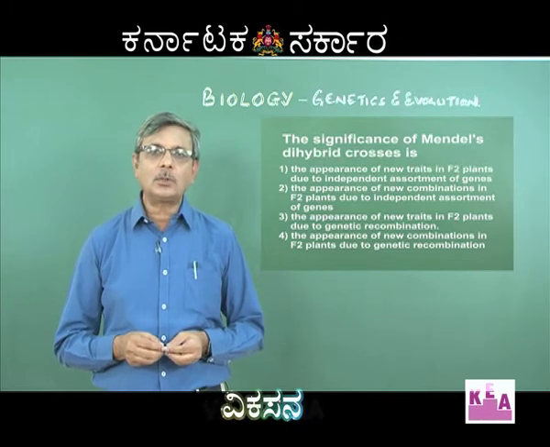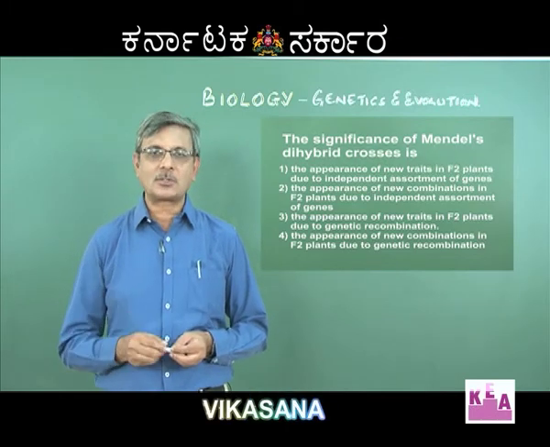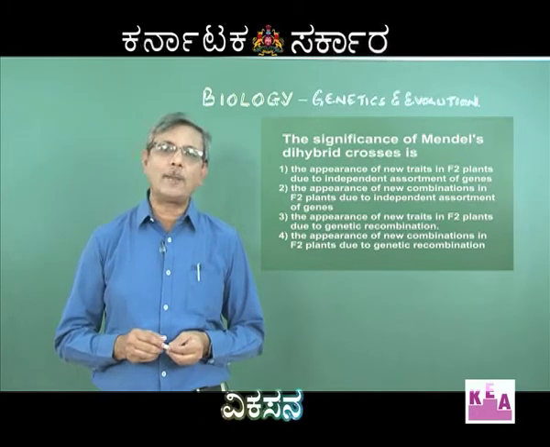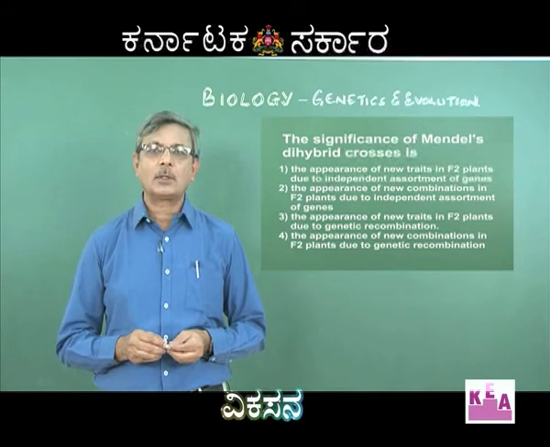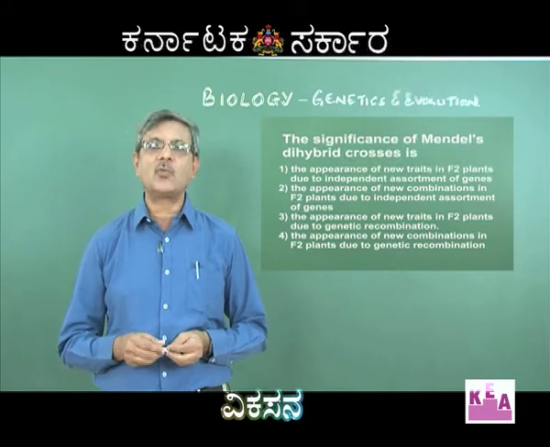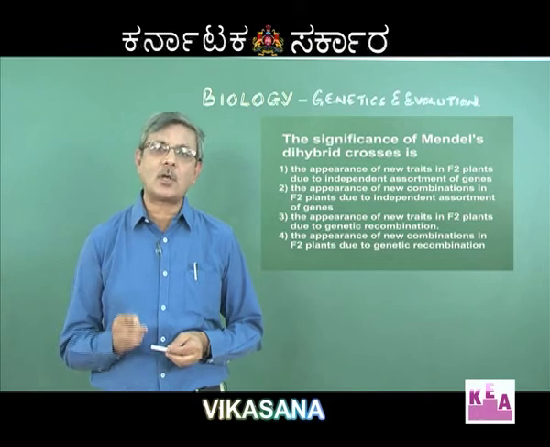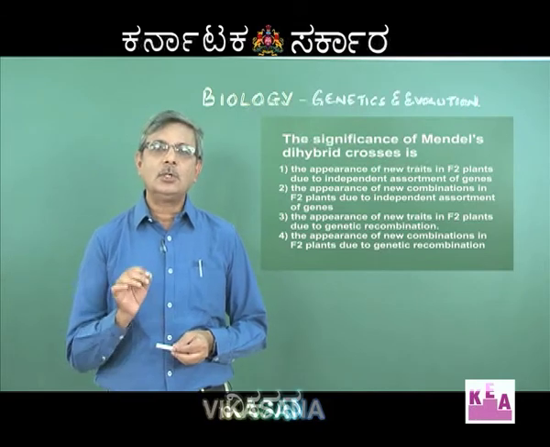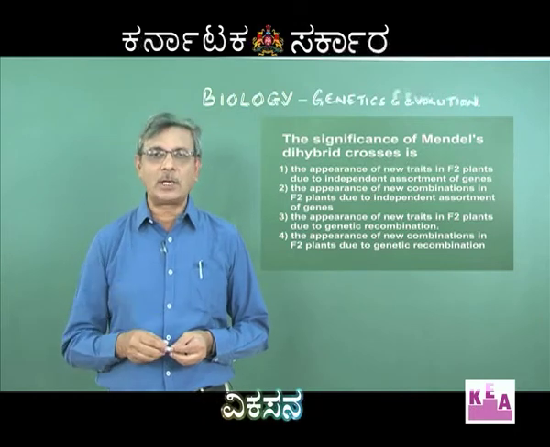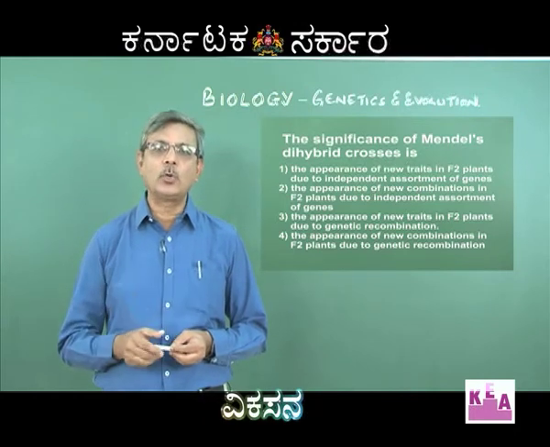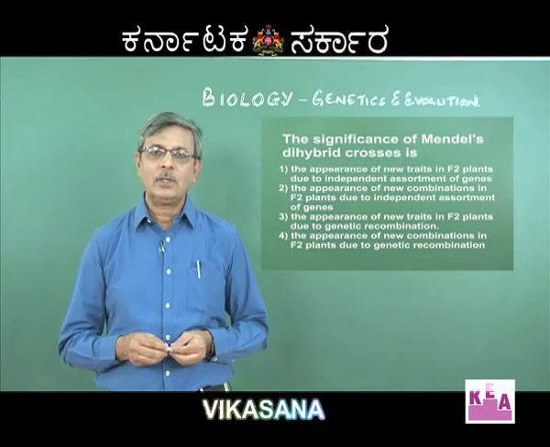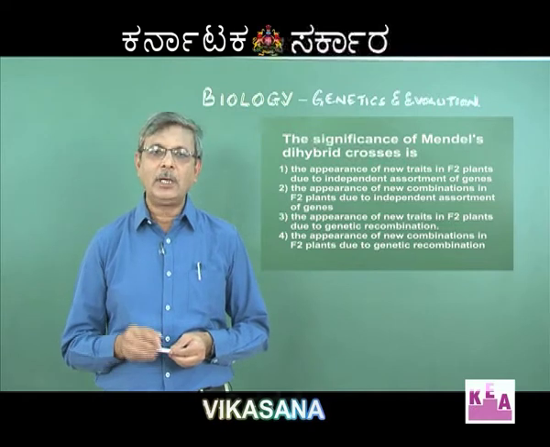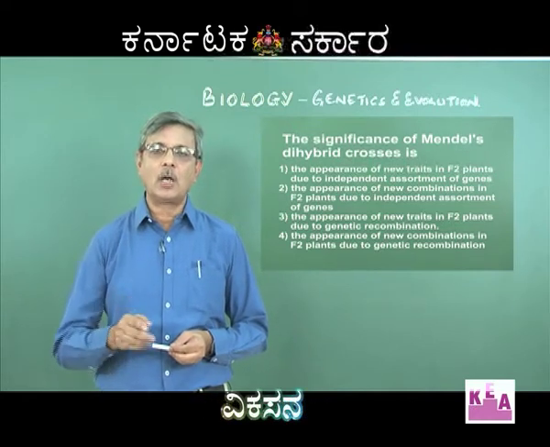On the basis of the results of monohybrid crosses, he was able to propose the dominance and segregation of factors. On the basis of dihybrid crosses, he was able to show that each gene controls one character, what is called the principle of unit character. He also proposed the law of independent assortment. Thereby, the answer must be either 1 or 2.